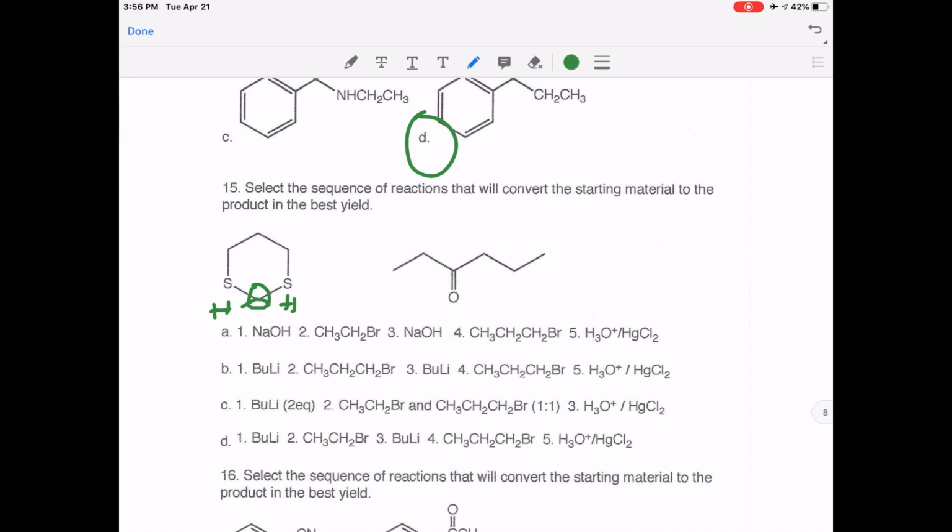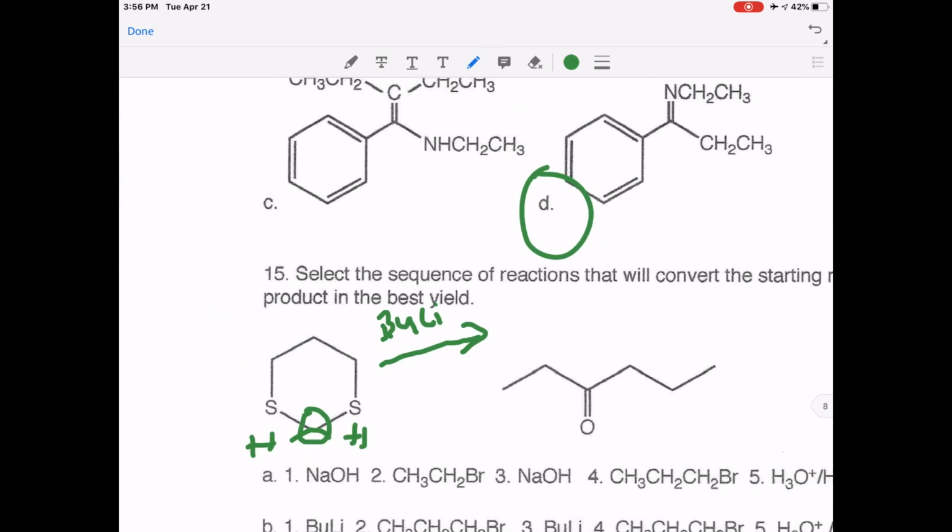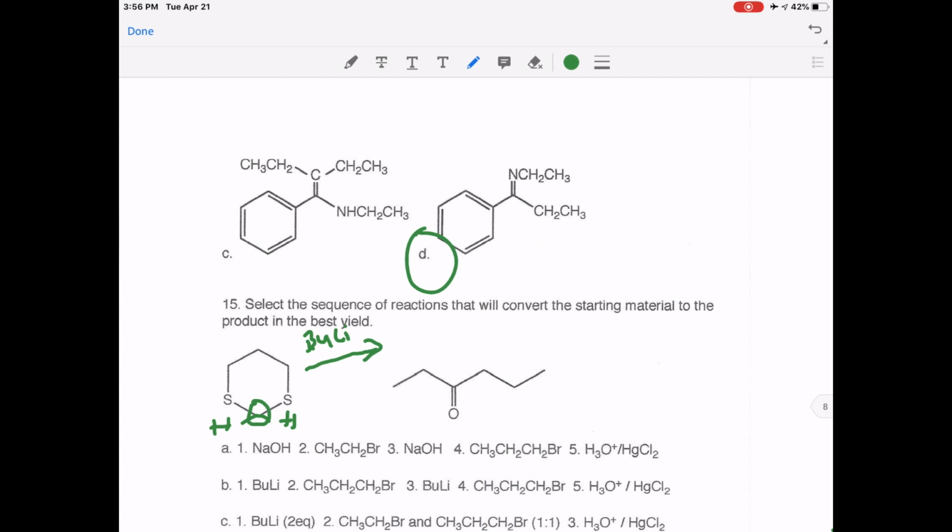substituents. So let's actually work that out. For the first part, when we add butyllithium, we just extend that out actually.